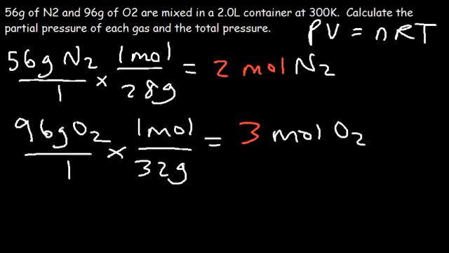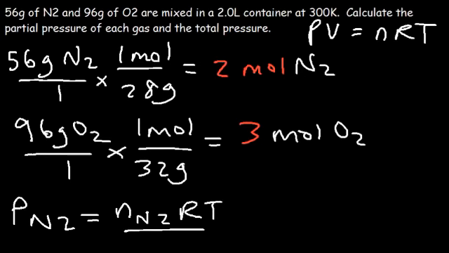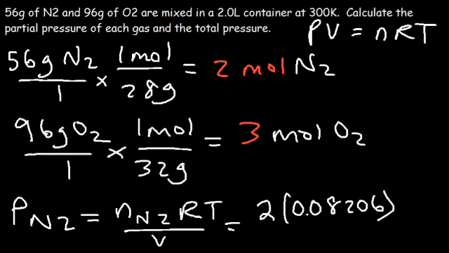So if PV equals nRT, P is nRT over V. So the partial pressure of N2 is going to be the moles of N2 times RT divided by V. So that's going to be 2 moles of N2 times the gas constant R, which is 0.08206, times the Kelvin temperature of 300 divided by a volume of 2 liters.